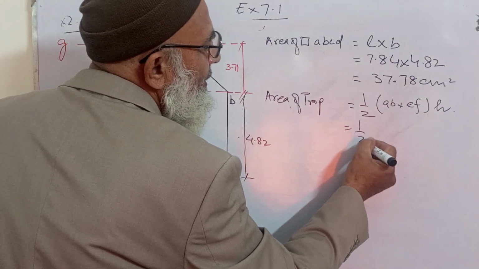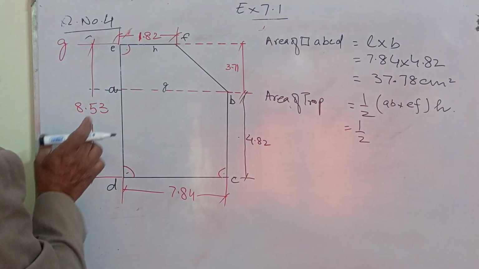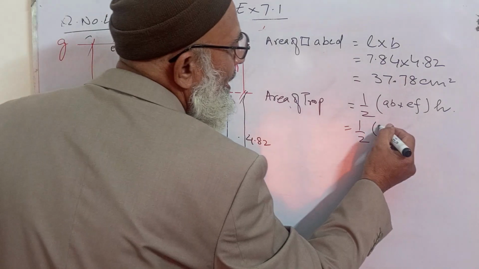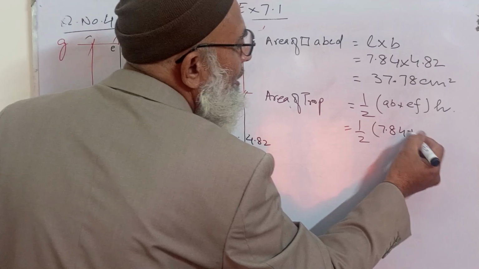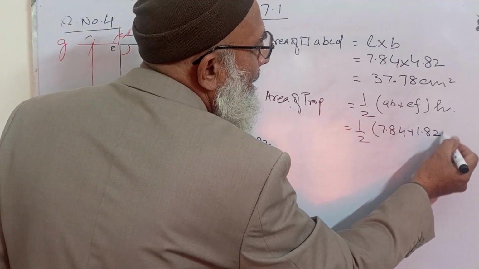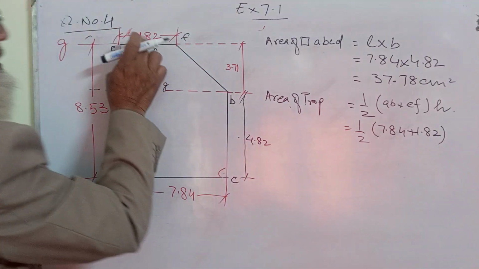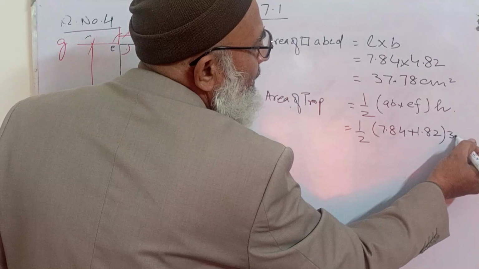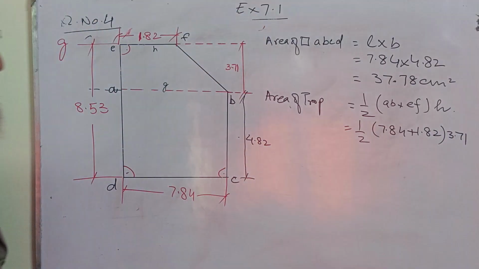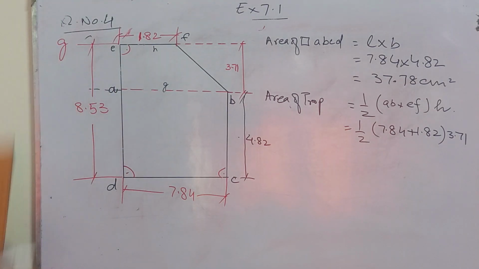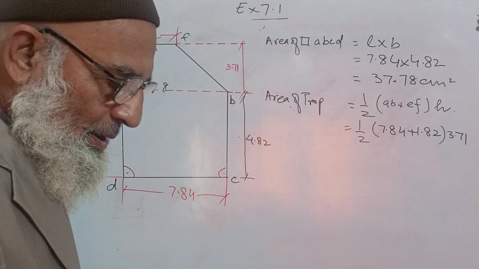Now write AB. AB is 7.84 plus EF is 1.82, multiplied by height 3.71. Getting my point? Because we have specifically asked for this part.